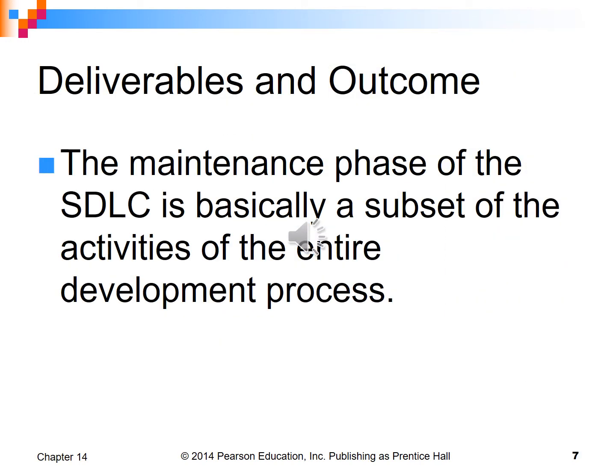What are the deliverables and outcome here? The maintenance phase of the SDLC is basically a subset of the activities of the entire development cycle. The deliverable is really a new program and new documentation. We take all the requests and transform them into a program change, we test it, we change the documents, and we come up with a new program and document.